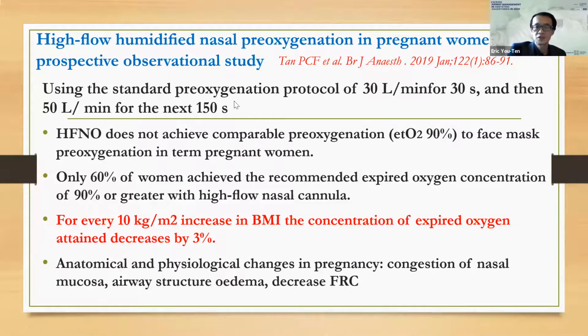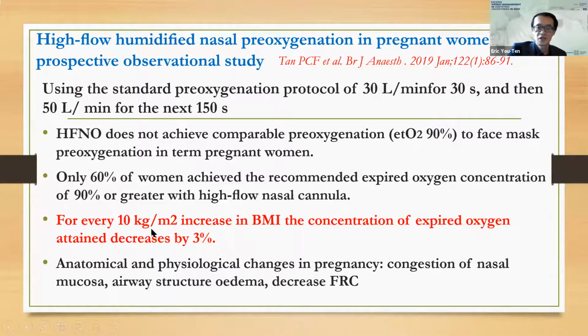Some of the studies in 2019 have shown that to pre-oxygenate a pregnant patient, it is best to do it with face mask ventilation. The high flow nasal cannula might not be optimal to reach an end-tidal of 90%. However, once a patient is asleep and is apneic, I would recommend leaving the high flow oxygenation for apneic oxygenation.